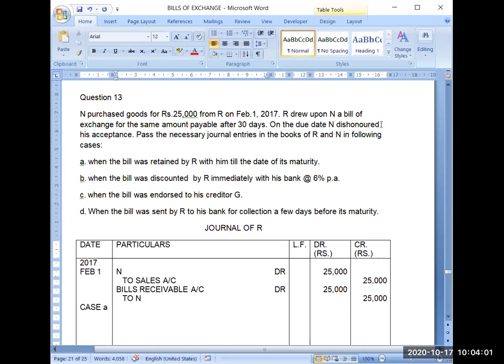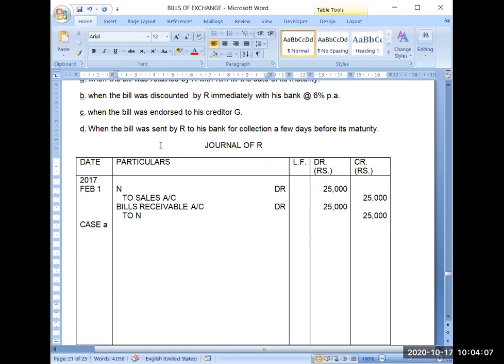Practically N refused to make the payment and the bill got dishonored. So in such a case, first we will record the journal entry for dishonor. So now on dishonor of the bill, the value of this asset will become 0. So we have to make this value 0 and N will again become the debtor of R.